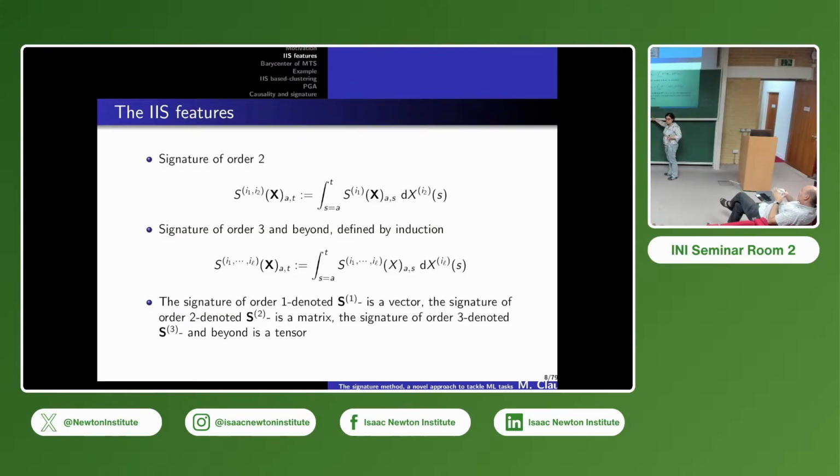Is it okay? So, for example, if it's coming from a differential equation like x dot is equal to minus x, or if it comes from a controlled differential equation, you can compute the signature.